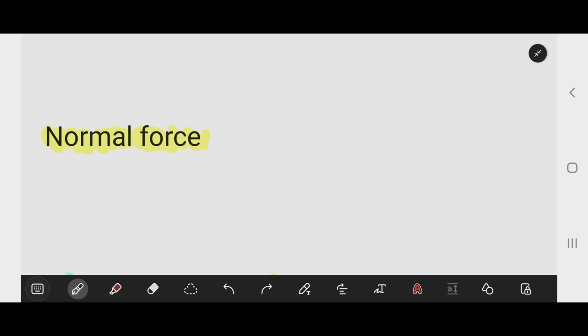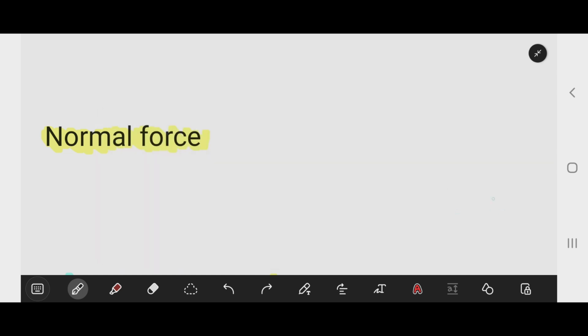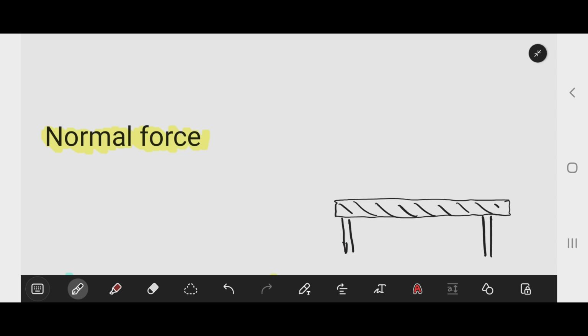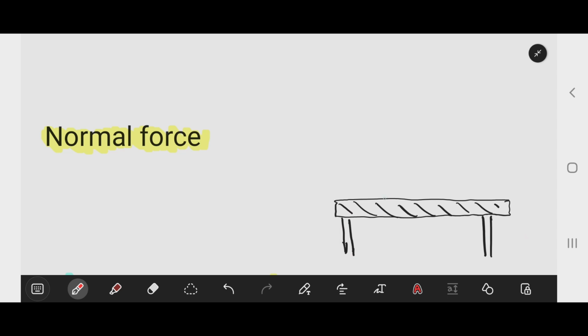Okay, so for me to explain what a normal force is, I will use an example. Let's say you have a table surface up here, and on top of this table you place an object of mass m, right?